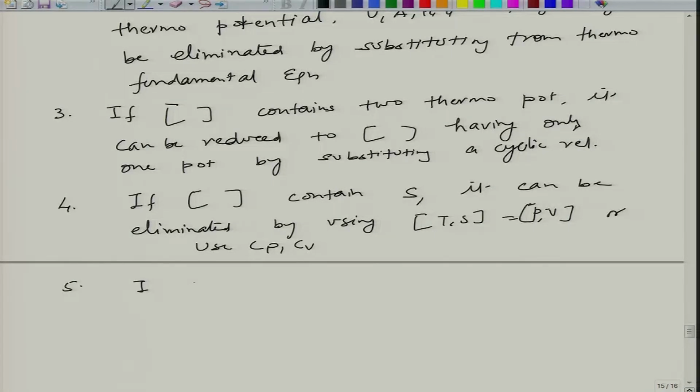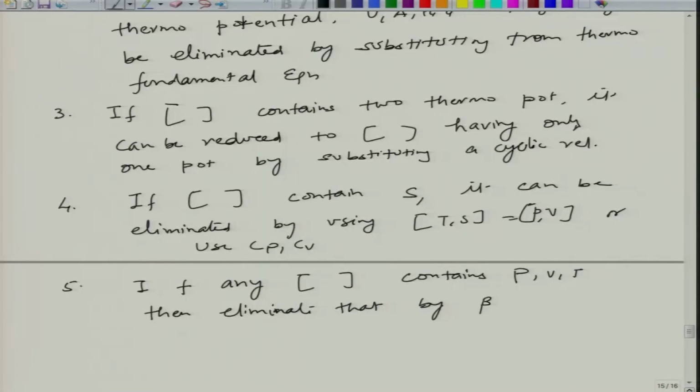If any notation contains P, V, T, then you can eliminate that by using beta and kappa. Finally, if chemical potential comes in, use the Gibbs-Duhem equation. So, this is something which one can summarize on how one has to use the Jacobian in order to solve problems.